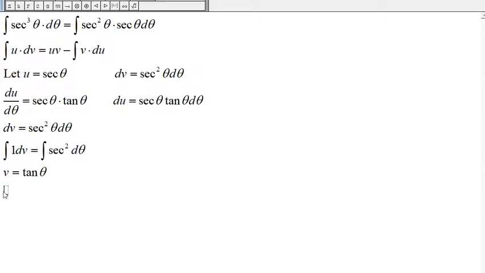So now our integral becomes uv minus the integral of v du. u is secant, v is tangent.